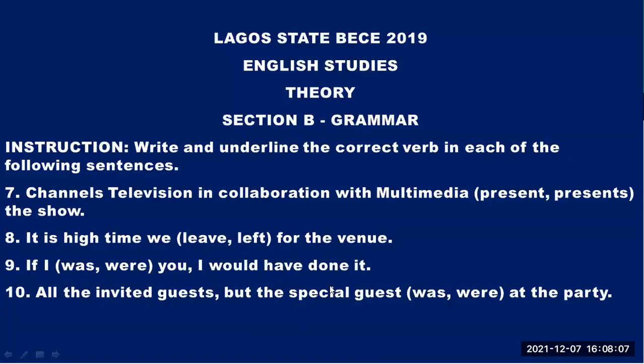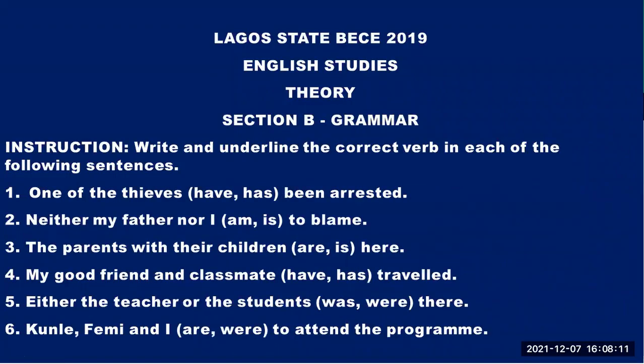Okay, so let's get back to question number 3. The parents with their children dash here. So here, when you have a subject, and then you have the expression with, all right?